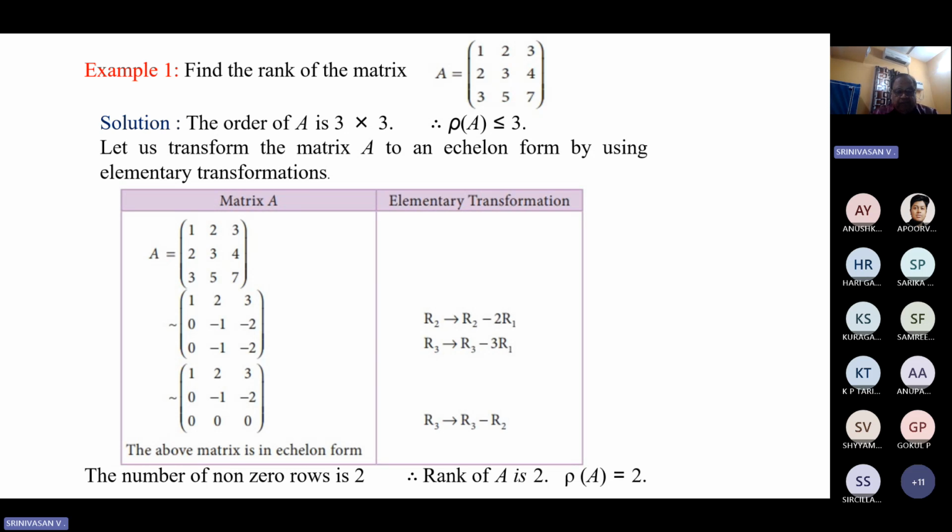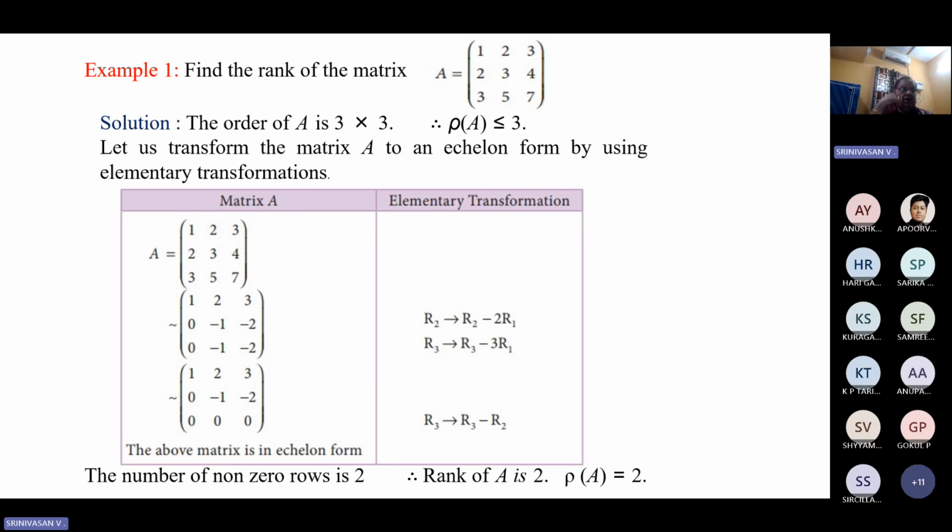First, you write R1 is R1. What is the meaning? We fix R1 as it is.